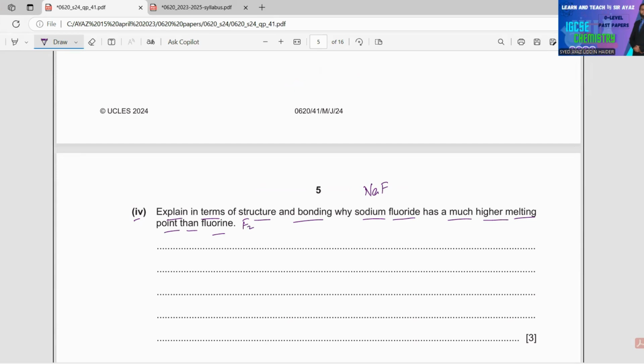So for structure and bonding, you can either refer to the structure and bonding in sodium fluoride or in fluorine.